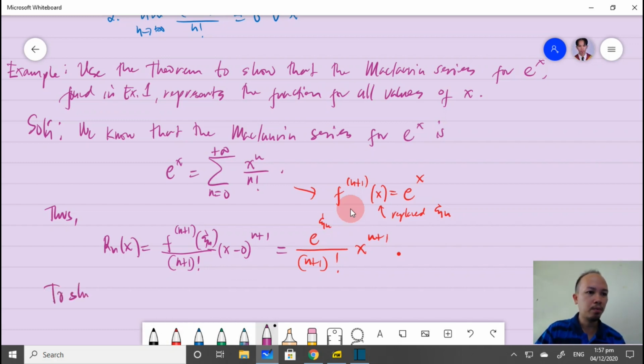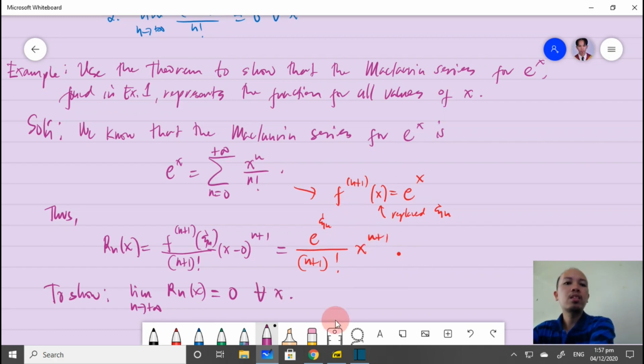So what are we going to show? To show that the limit of R sub n of x as n approaches positive infinity is equal to 0, based on the theorem, for all x.